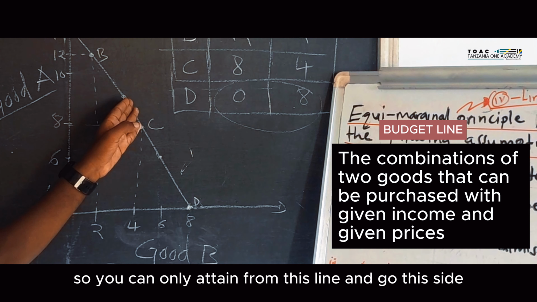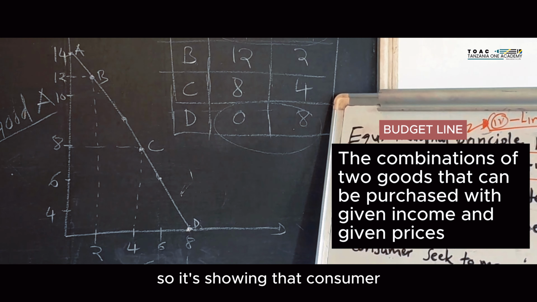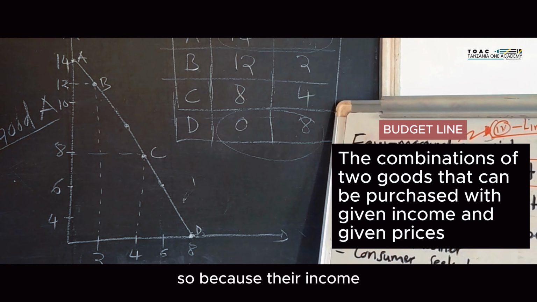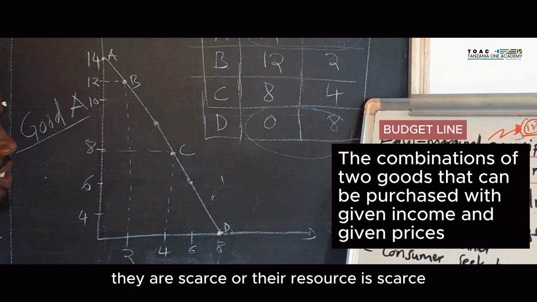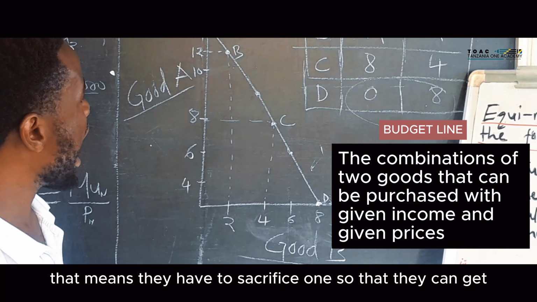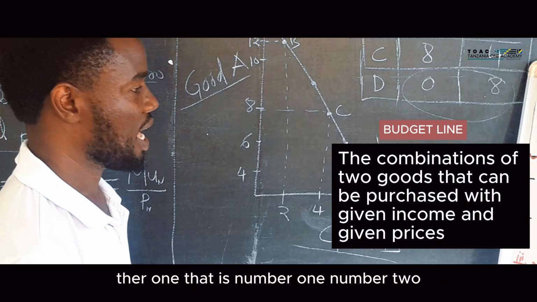You can only attain from this line and from this side. So it's showing that consumers have limited incomes. Because their income and resources are scarce, they have to sacrifice one so that they can gain the other.